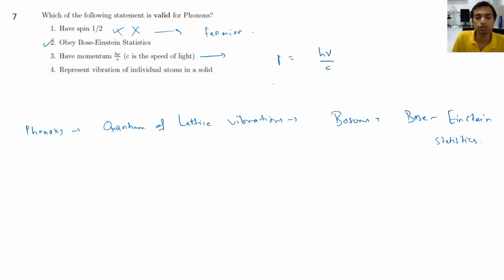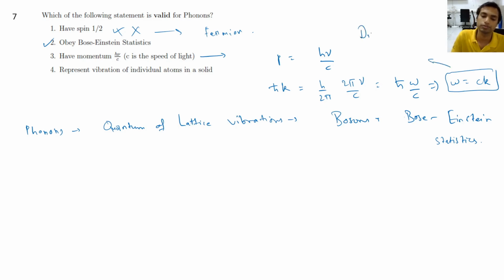P you can write as h bar k, where k is the wave vector, and this you can write as h by 2 pi into 2 pi nu over c. So h by 2 pi is h bar and 2 pi nu is omega by c. So what you have is omega equal to c k. So this is your dispersion relation.